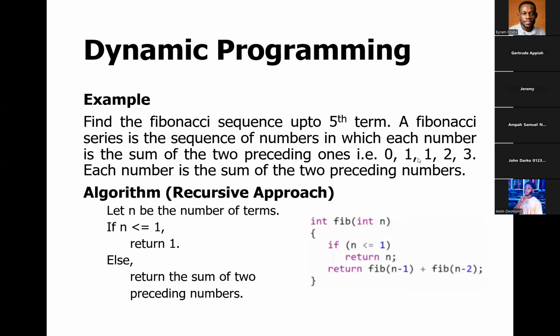You add 1 and 1, you get 2. You add 1 and 2, that gives you 3. You add 2 and 3, that will give you 5. That's how the Fibonacci sequence is implemented. So this is a sequence up to the fifth term.